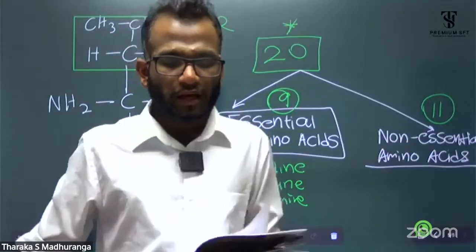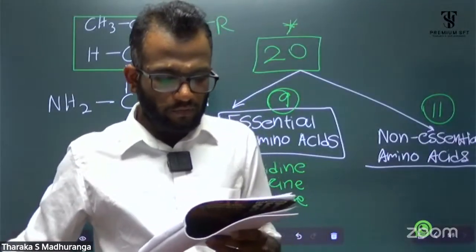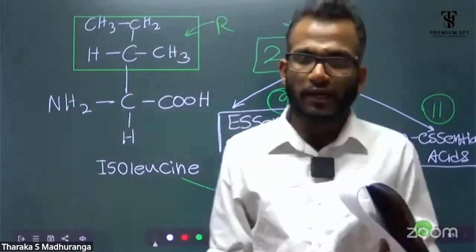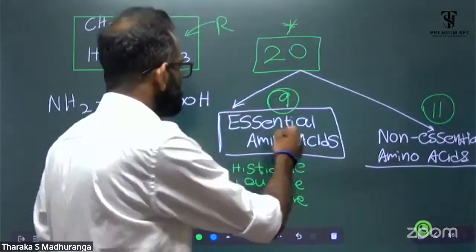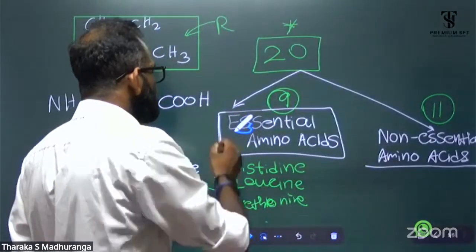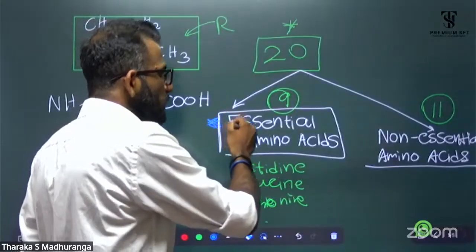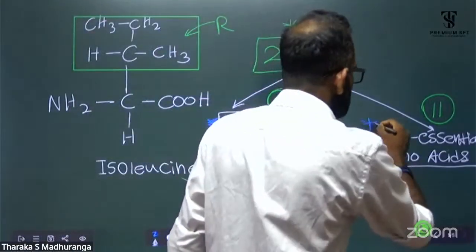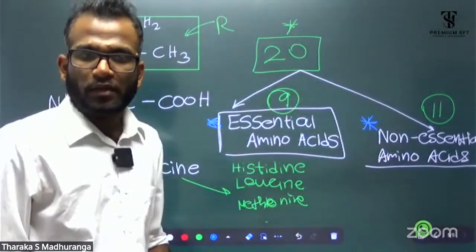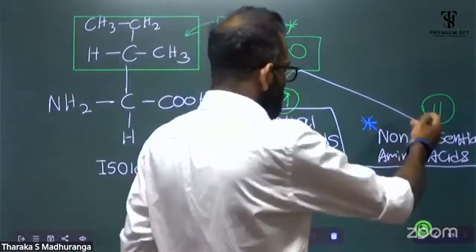Everything is given in the table, highlighted. They are the 1, 2, 3, 4, 5, 6, 7, 8, 9. Yes, all the essential amino acids are given. Essential amino acids are important because they can't be produced in our human body. Non-essential means they can be produced in the human body, so they are not essential. Okay, this is one classification.